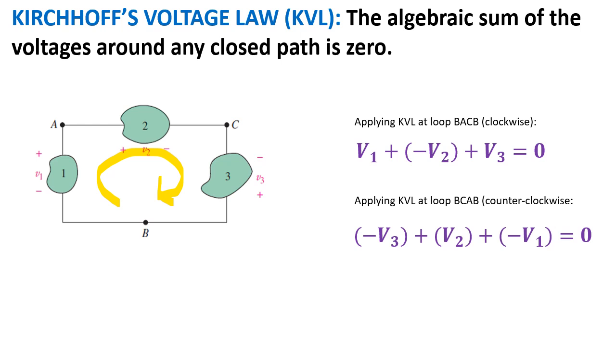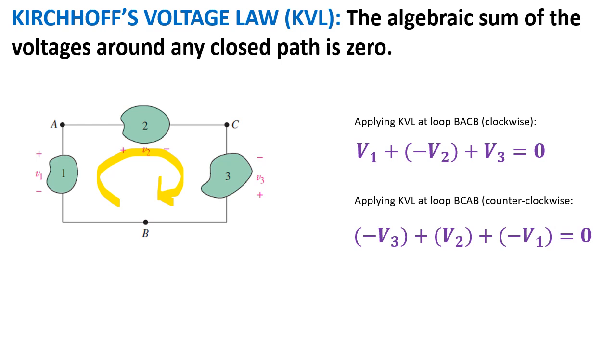Okay, the process is the same when applying this law in a counterclockwise manner. For example, we want our loop to go from B, then to C, then to A, and back to B. So that's counterclockwise. Between B and C, we have element number 3, in which case our loop enters plus and exits minus.